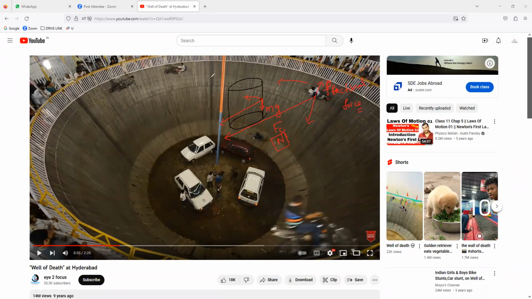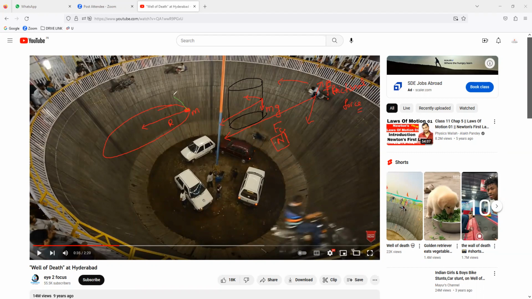Now, just imagine this whole death well is like this. This is the mass of the person who is riding a bike, which is M. Now, always something is acting towards the center. What is that called? Centripetal force, or centripetal acceleration, of course.